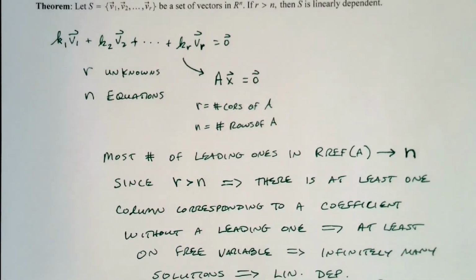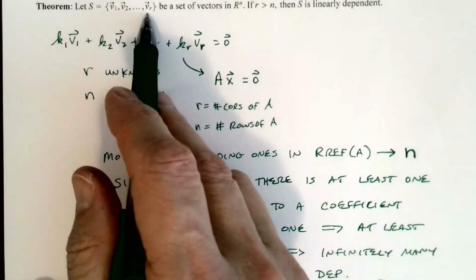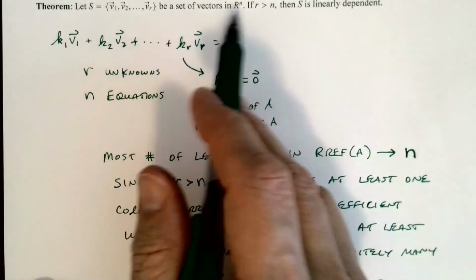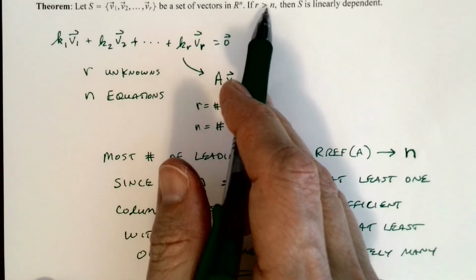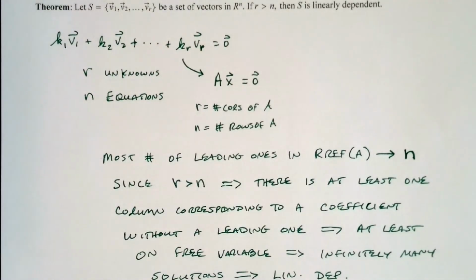If I have 4 vectors in 3 space, I have 4 ordered triples, right? 4 would be the value for r, and they'd be in 3 space, so n would be 3. Well, in that case, r is 4, n is 3. That means the set is linearly dependent. So if you have 4 or more vectors in 3 space, they're linearly dependent.